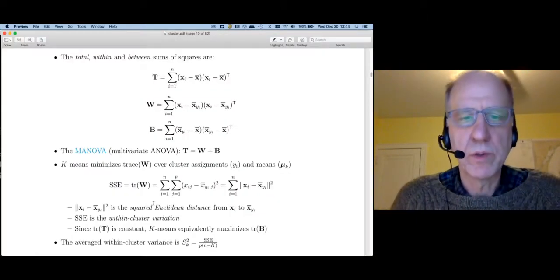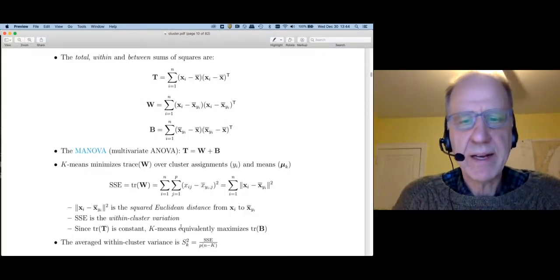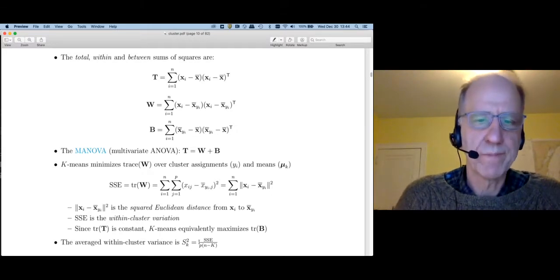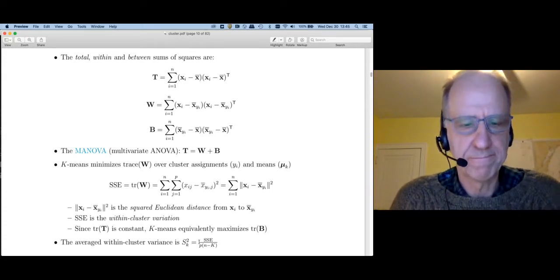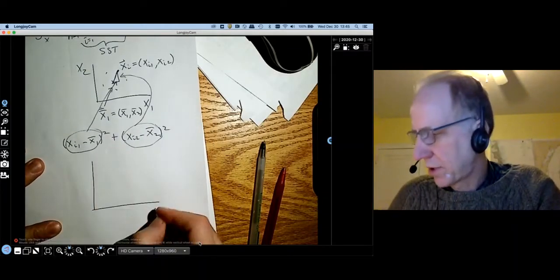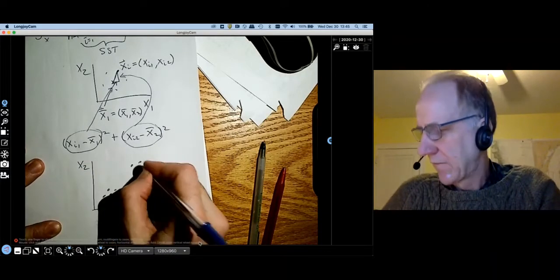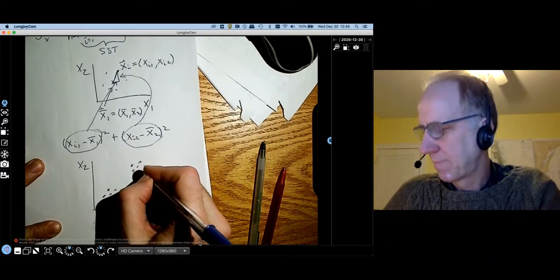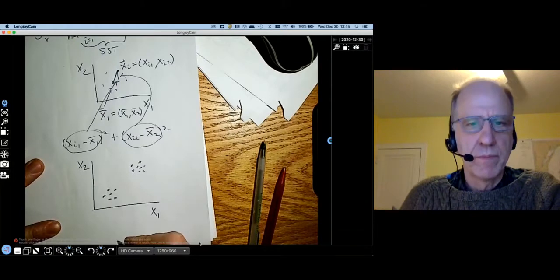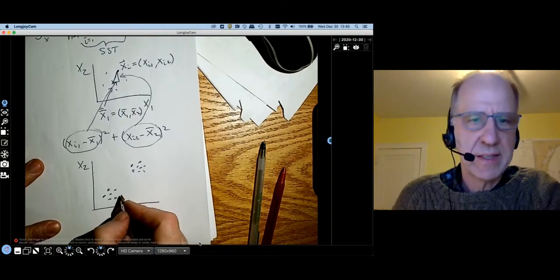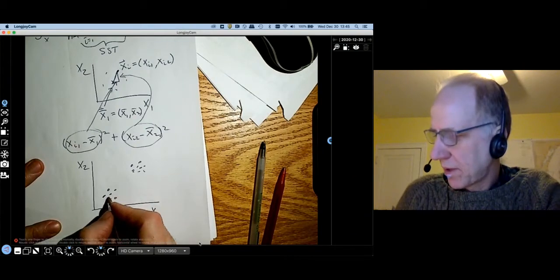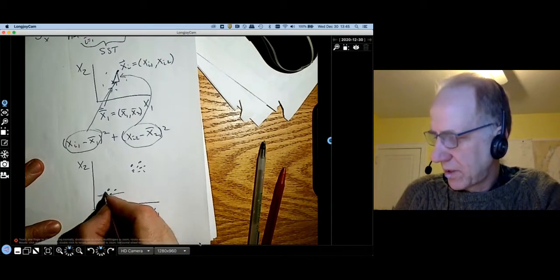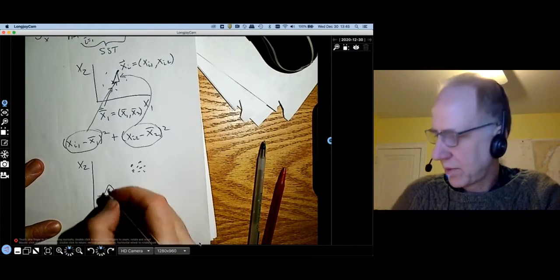Another metric that we'll use is to divide SSE by its degrees of freedom. The way I like to think of this is it's kind of an average within cluster variance. If I were to go off and draw a picture of, say, two clusters, so I've got two clusters here. So if I find SSE, and then I divide by the degrees of freedom, you can think of that as the standard deviation within a cluster.